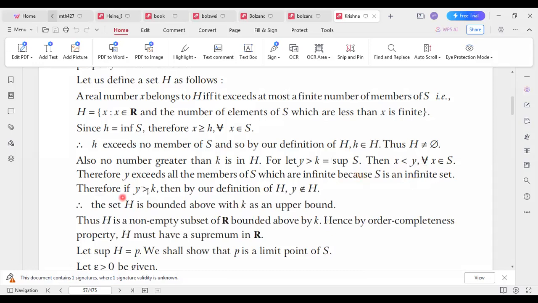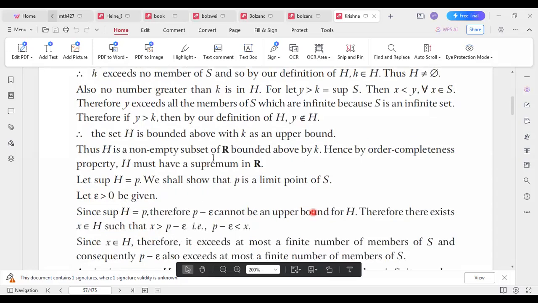So if y is greater than K, then by our definition of A, y cannot be an element of A. The set A is bounded above with K as an upper bound. So A is a non-empty subset of real numbers bounded above by K. Hence, by the order completeness property, A must have a supremum.